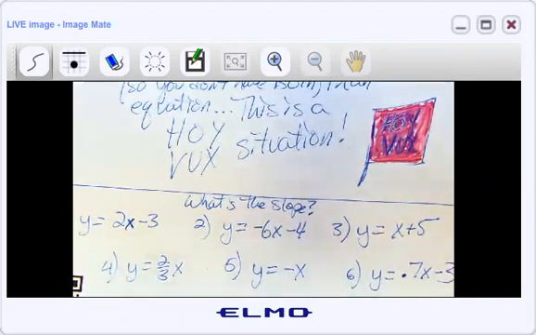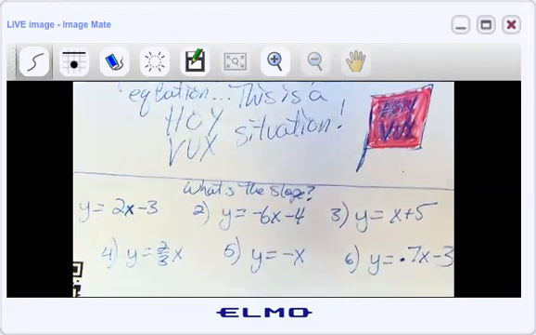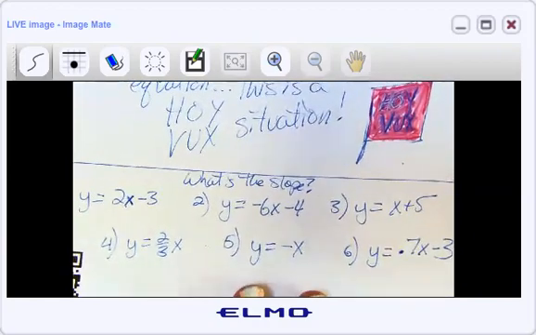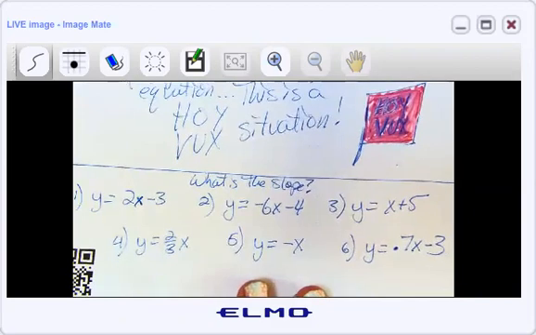All right, so here are 6 examples. As I've said, we're starting off easy and then we're going to work our way up.